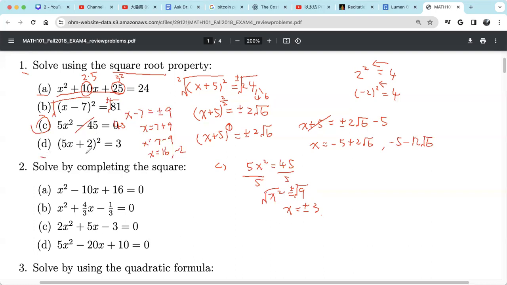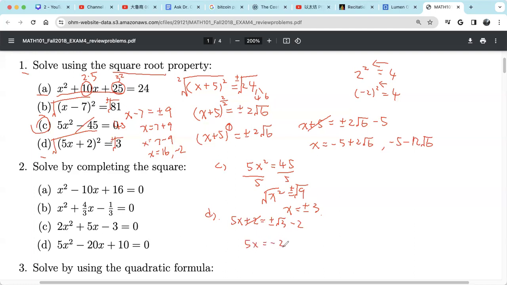D, again, we have a perfect square form already, so just square root both sides. For D we'll get 5x plus 2 equals positive or negative square root of 3. Then we move positive 2 to the other side, and it becomes negative. So we have 5x equals negative 2 plus or minus the square root of 3.